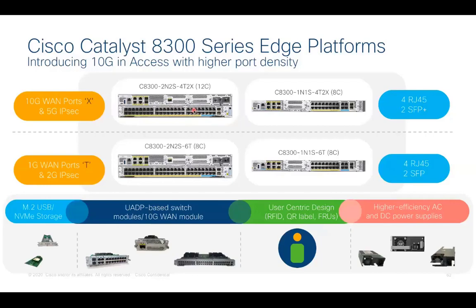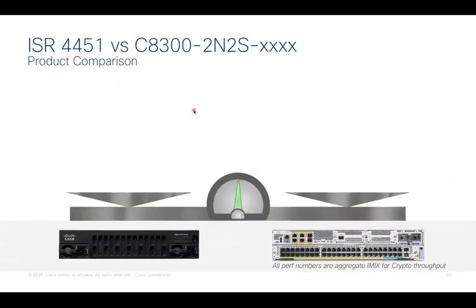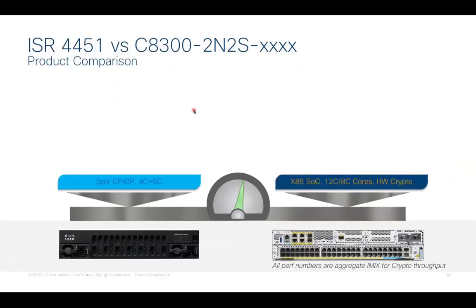So let's quickly weigh the ISR 4451 on the left here against the 8300 2RU platforms on the right to compare their capabilities. The 8300 2RU platforms are offered in 12-core and 8-core variants with hardware crypto assist.